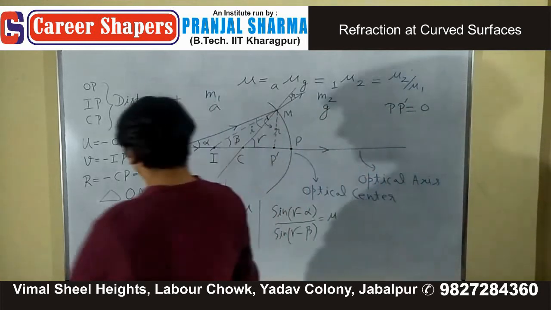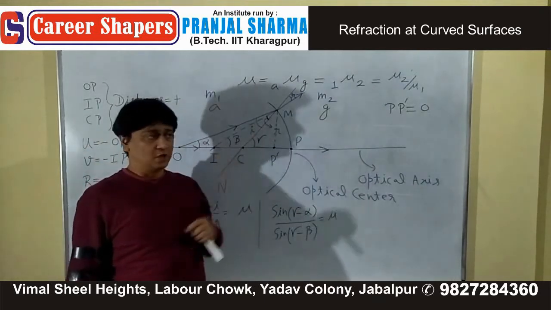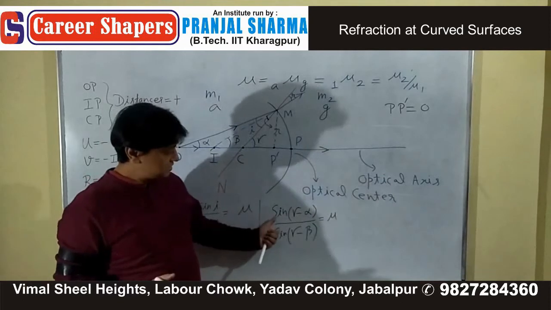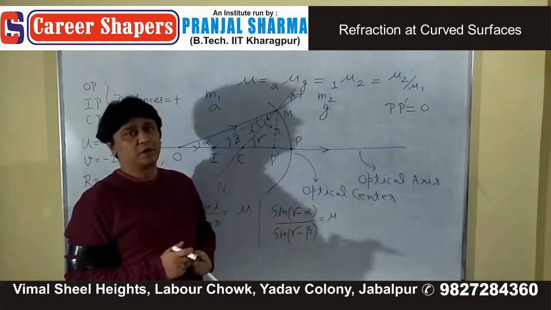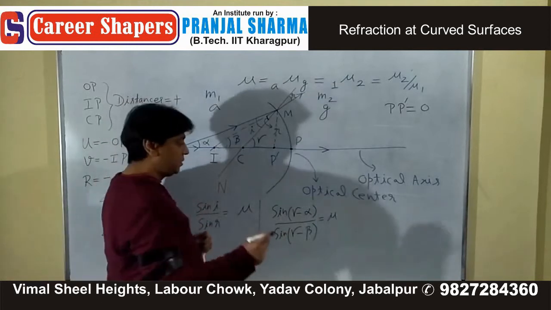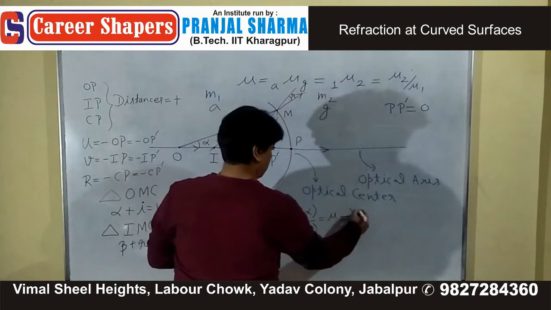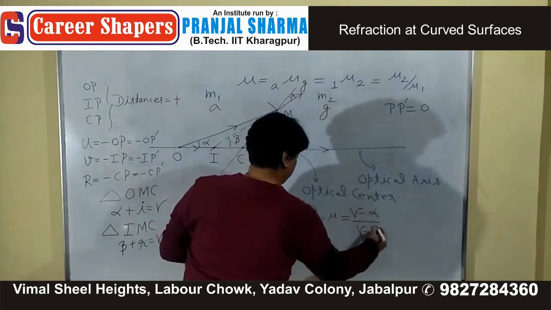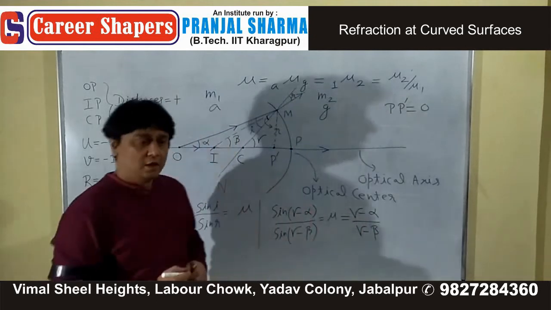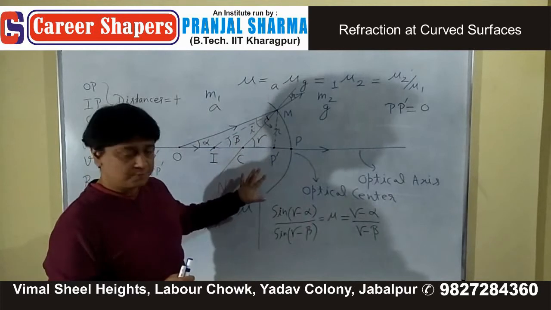Now, since the aperture size is very small, all the angles are small, which means sine can be easily removed. Sine theta becomes theta. That means you can say that this whole thing is nothing but gamma minus alpha upon gamma minus beta. That's the relation between all these base angles.